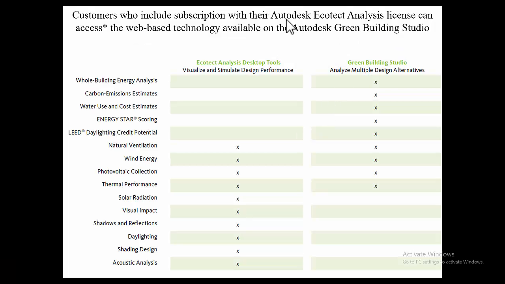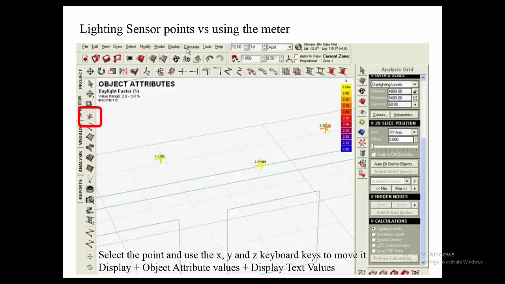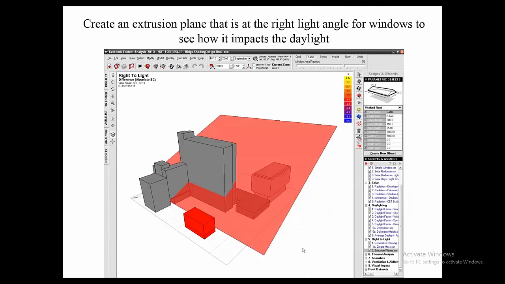Ecotect Analysis was my favorite for creating several building performance graphics, and picked up several of the tools that Green Building Studio didn't. It included several of these colorful graphics that are now becoming a part of the Revit 14, 15, and 16 programs.